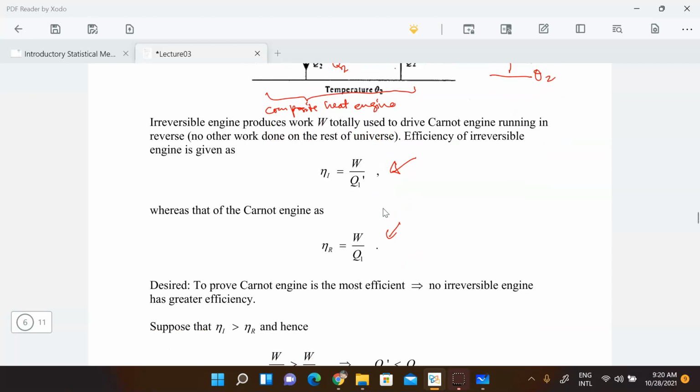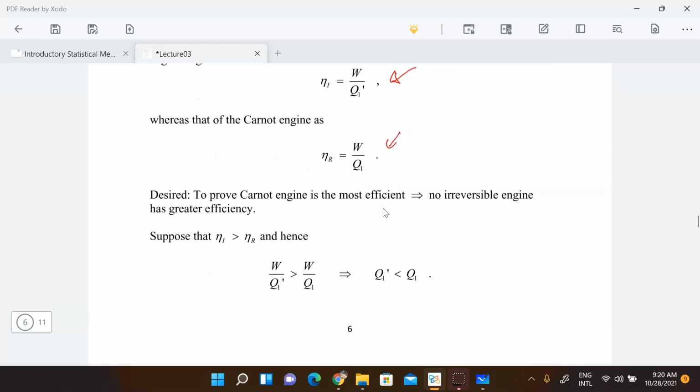Now, as I mentioned, we want to prove that the Carnot engine is the most efficient, and that implies that the irreversible engine cannot have a greater efficiency. So how do we prove this? We have to prove this by contradiction.